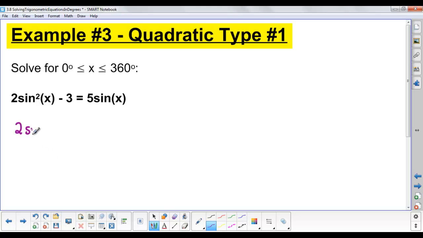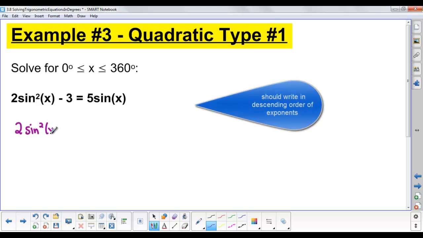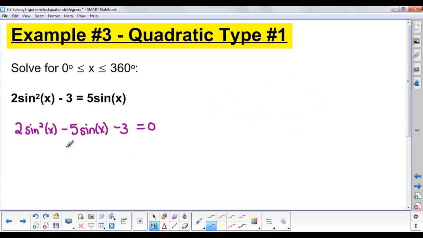So 2 sine squared x, I'm going to move this 5 sine x to the other side. Minus 3 equals 0. So it's very similar to a trinomial. Let's pretend it was 2x squared minus 5x minus 3.